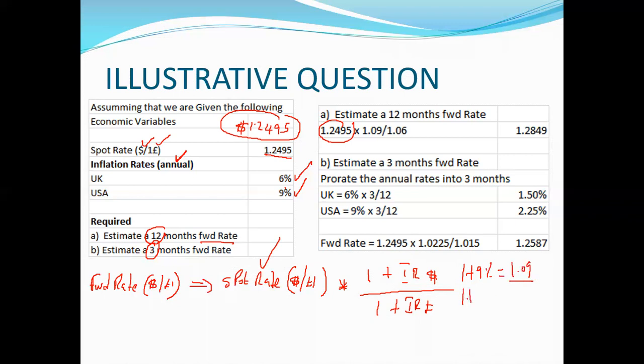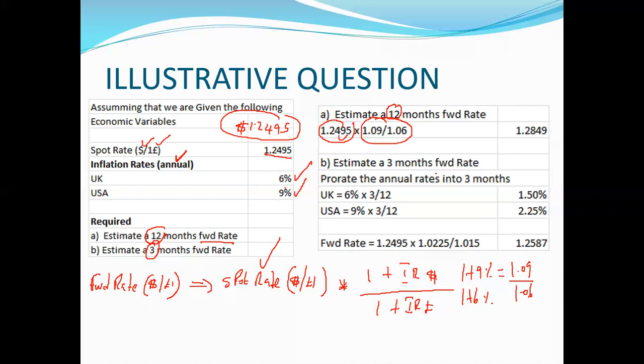Down here, 1 plus 6% in the UK is 1.06. To find the 12-month forward rate, we just take that and divide by this differential.